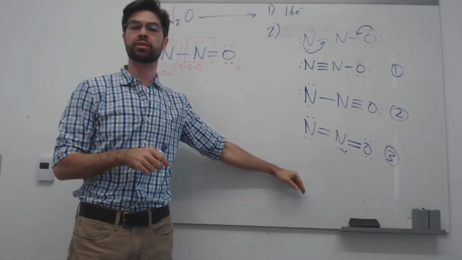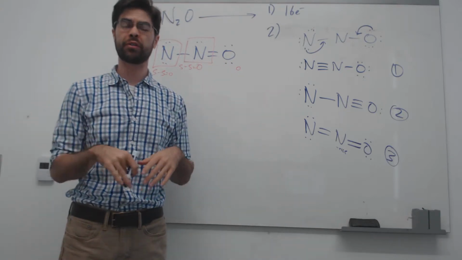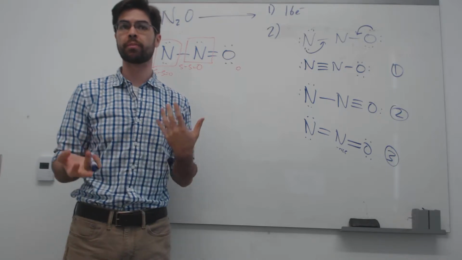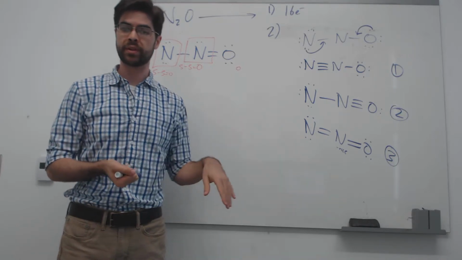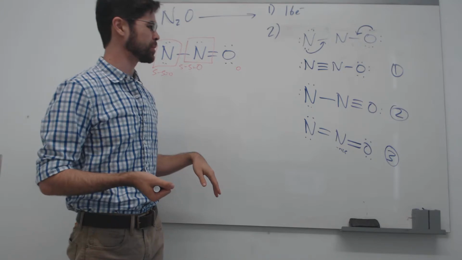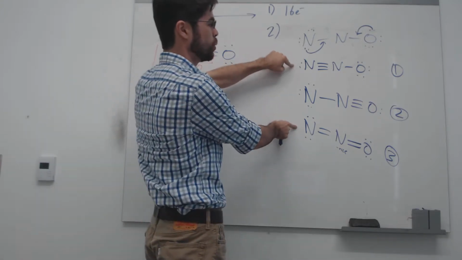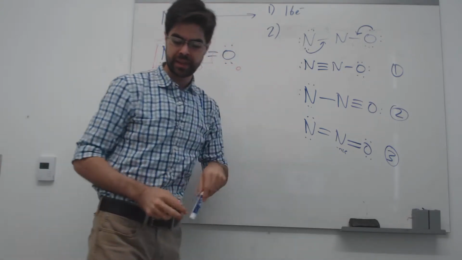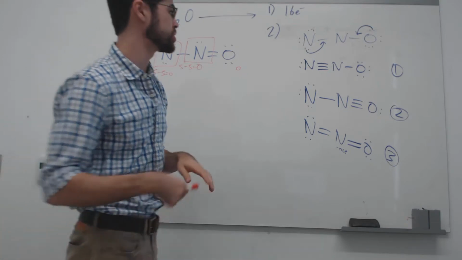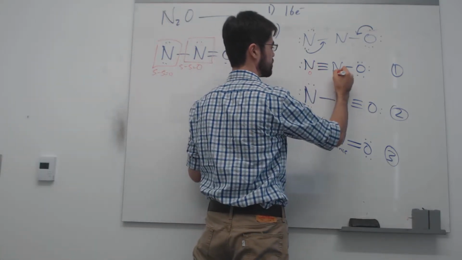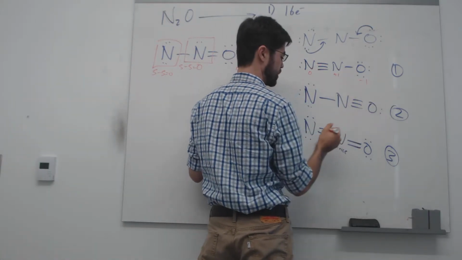That's when you come in with your last step and evaluate the Lewis structures on the basis of formal charges, which is what we did today. And then I think we ended up agreeing that these two were the best because they give you the smallest formal charges. So this guy has a formal charge of 0, +1, and -1.